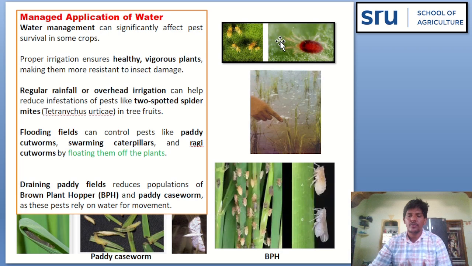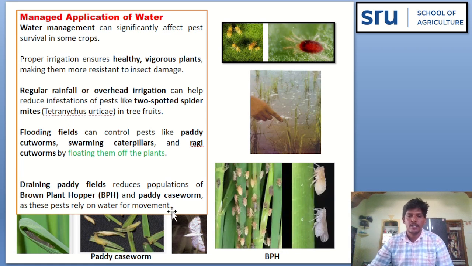A regular rainfall or overhead irrigation through sprinkler method manages this two-spotted spider mite, that is Tetranychus urticae, in the fruit crops. Next, flooding the field can manage paddy cutworms, swarming caterpillars, and ragi cutworms by floating them off the plant. Due to flooding, they leave the plant.